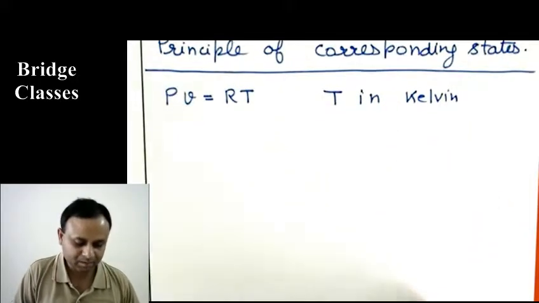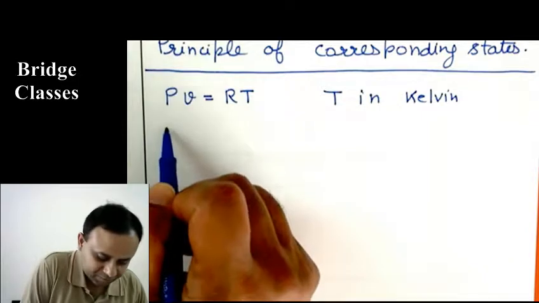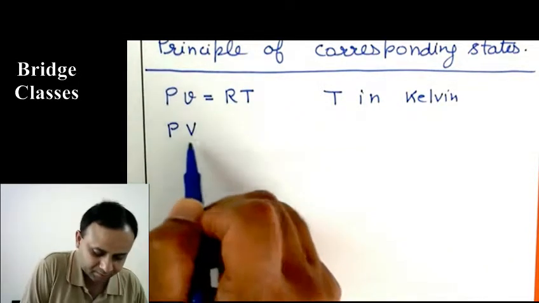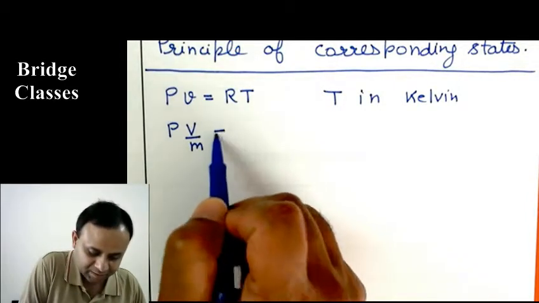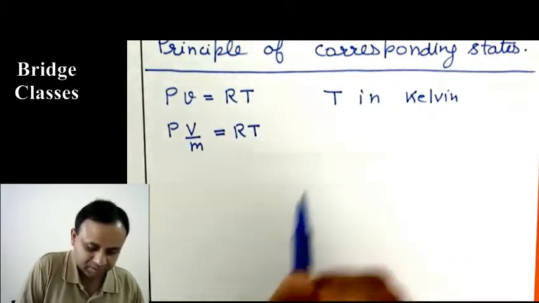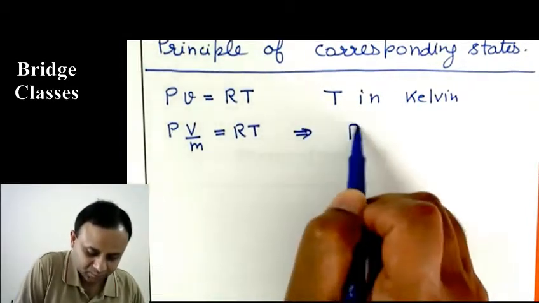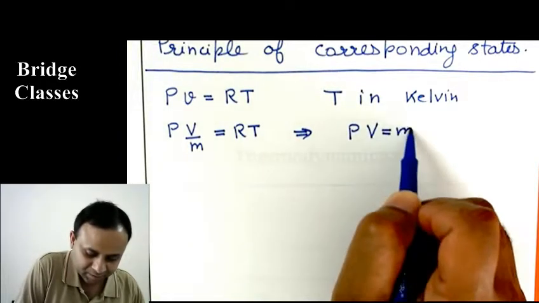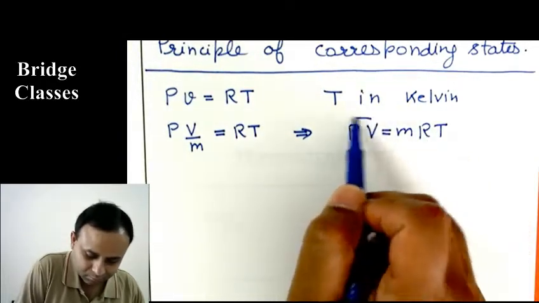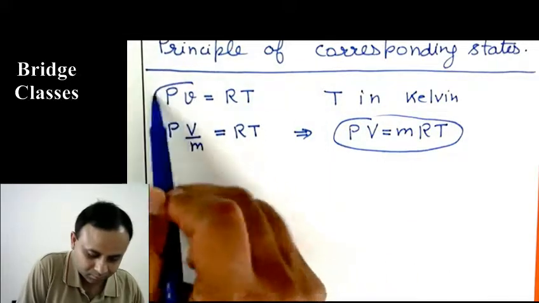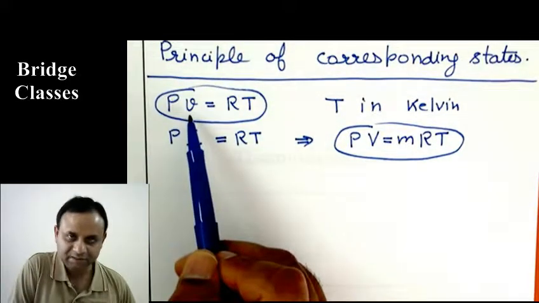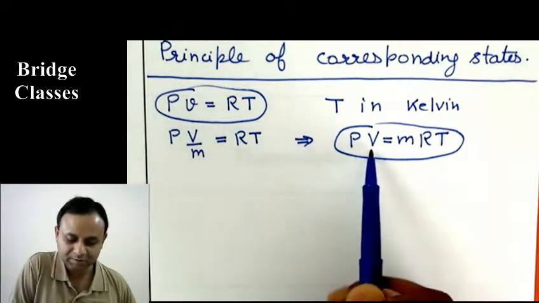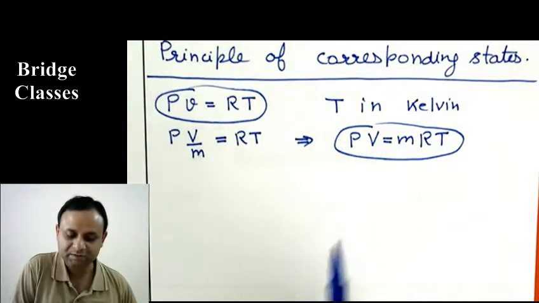A different form of this equation: we can write PV over M, because specific volume is volume per unit mass, equals RT. And that gives you PV equals MRT. Okay, so there is a difference. Don't make this mistake. This is lowercase v, the specific volume, and this is the total volume. With this, you have this M here.